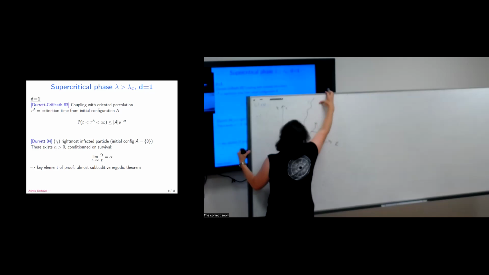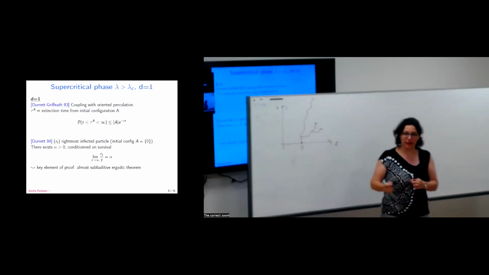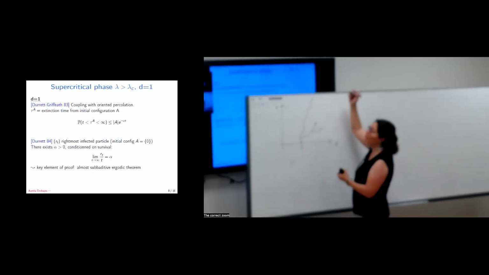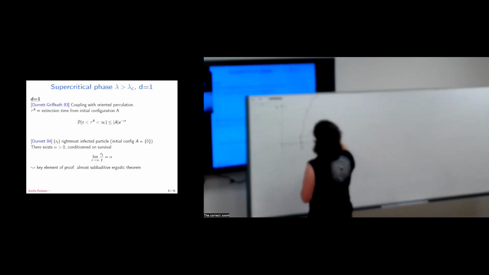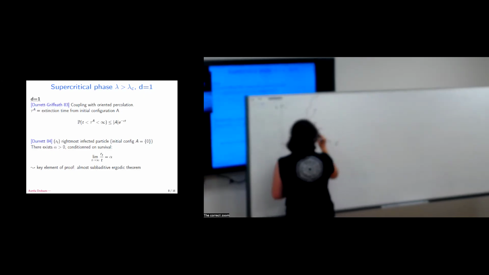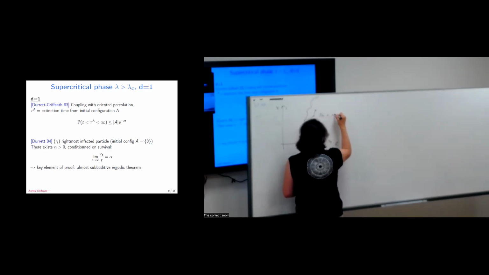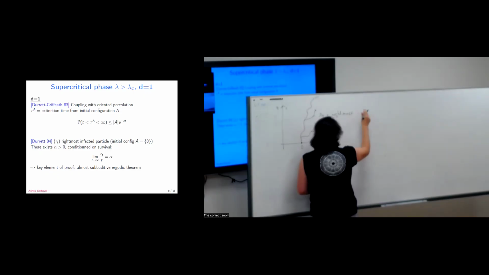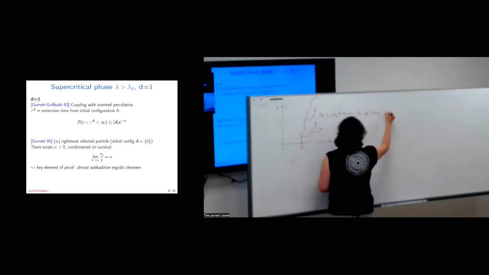We suppose that we are in the supercritical phase, and we suppose that we have survival, so there is an infinite infection path. And you want to study R_t, the rightmost one at time t.